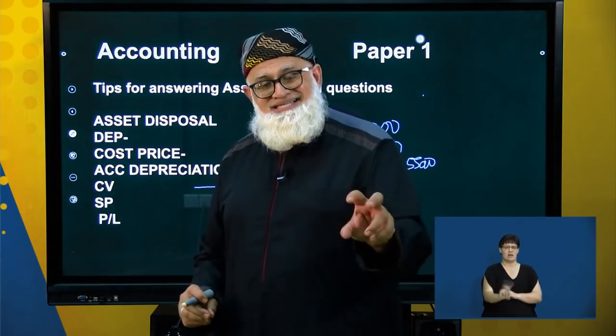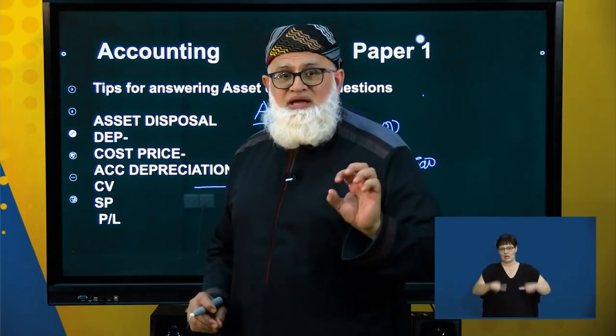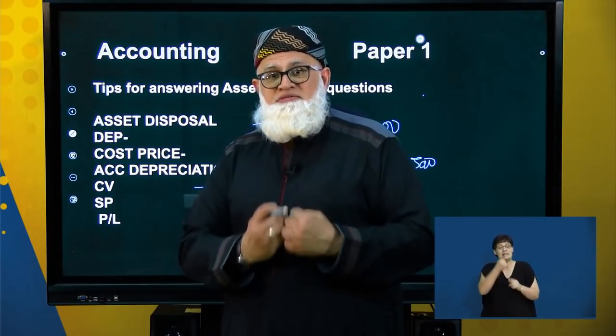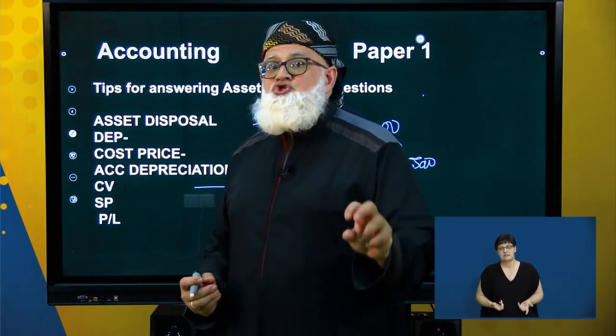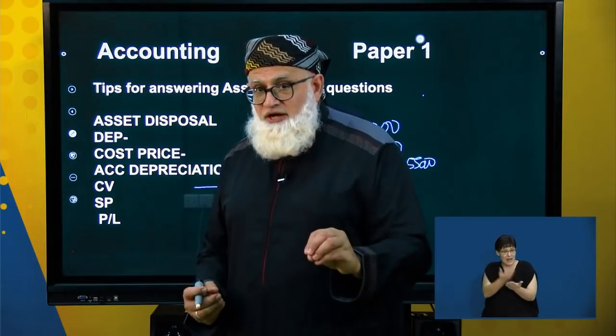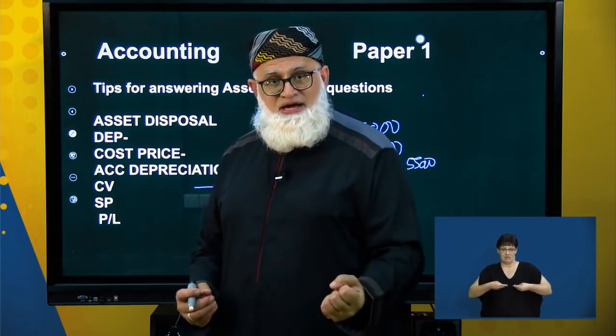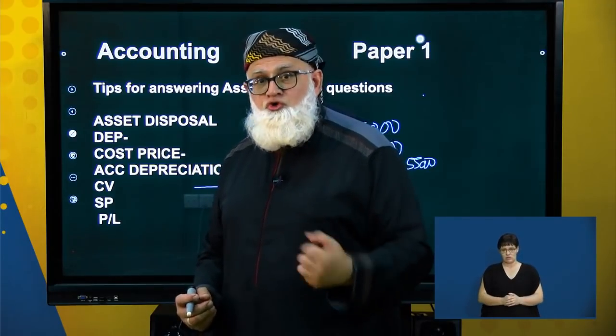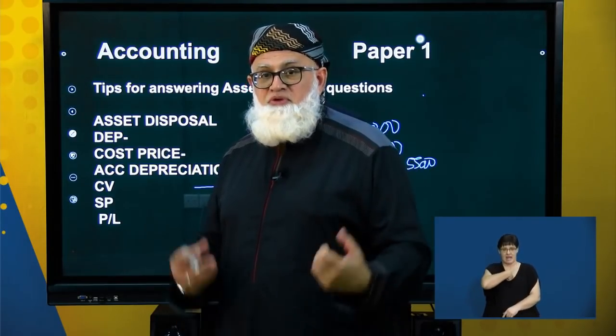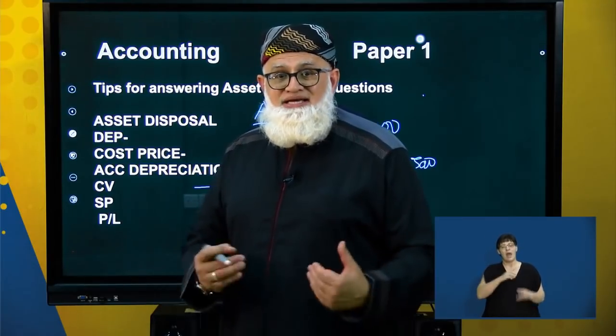This is an asset account. Why? The insurance company owes you that money. Now remember, this insurance claim would feature under your trade and other receivables because it's an asset account. It's money that is owed to you by the insurance company because obviously your asset was insured.